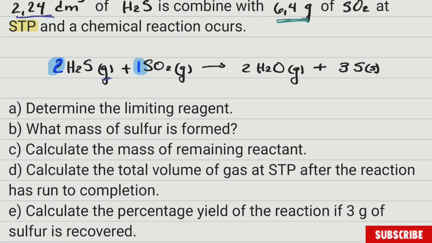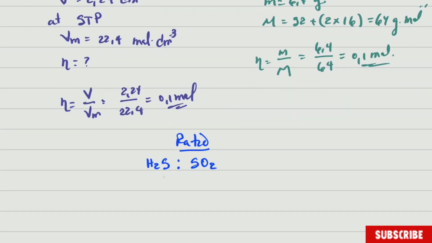However, the ratio, let's go back, is 2:1. So we're going to substitute. If we have 0,1 mole of H2S, let's move it there and write mole. How much mole of sulfur dioxide will I need?